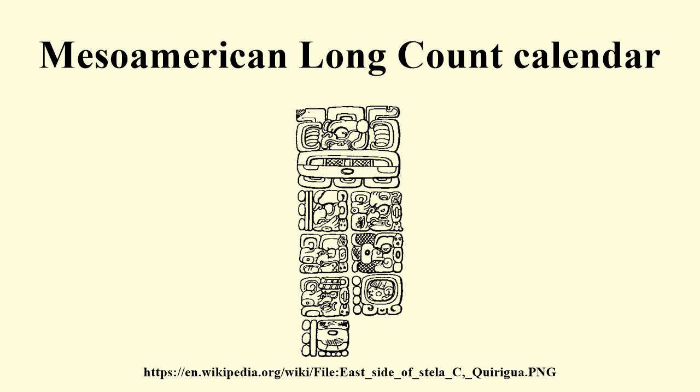Thus 0.0.1.0.0 does not represent 400 days, but rather only 360 days, and 0.0.0.17.19 represents 359 days. Note that the name Baktun was invented by modern scholars.